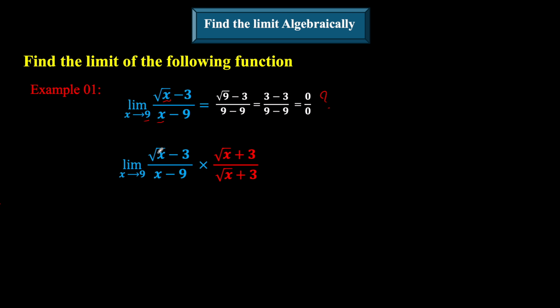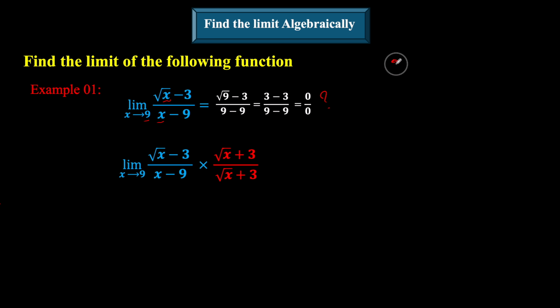In this case it is the square root of x minus 3, so you multiply the numerator and the denominator by the square root of x plus 3. I already explained what the conjugate is, so you can click on this card here to watch it, or I will explain it quickly also.